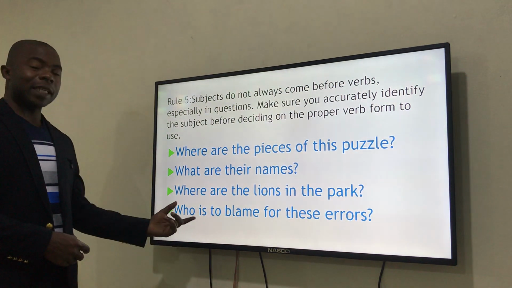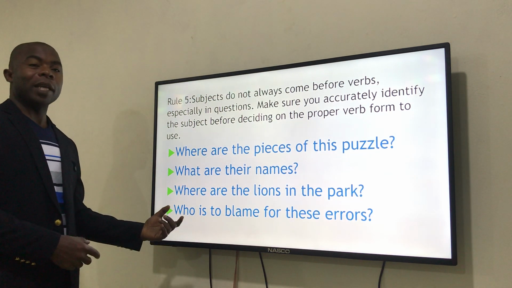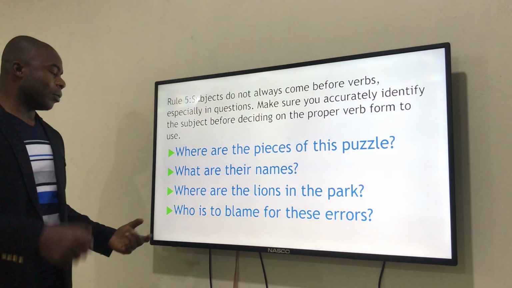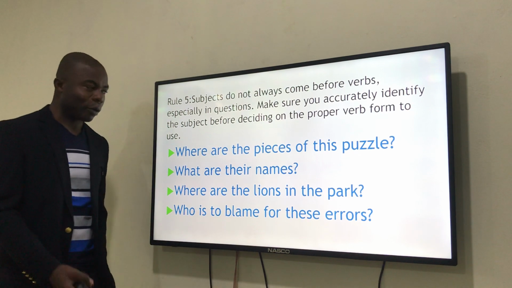So who can take is, it can take are. But if it takes is, a singular verb, it means its antecedent or referent would be singular. If it is are here, it would be plural.